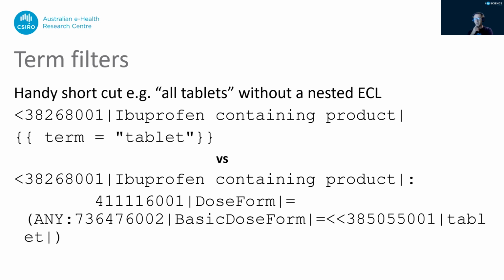If I just want to look for ibuprofen tablet, I can just do term tablet because I know that the products are going to mention tablet somewhere in their description, which is a lot easier than saying subtypes of ibuprofen that have a dose form that has a basic dose form that's some type of tablet.